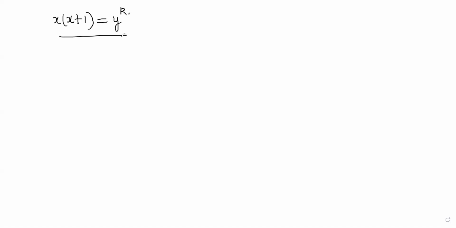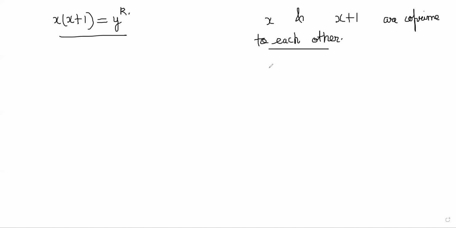So here, let's assume we have x and x plus 1. x and x plus 1 are co-prime to each other. That is obvious. And we have that the product of these two co-prime numbers is a kth power of some integer, right?